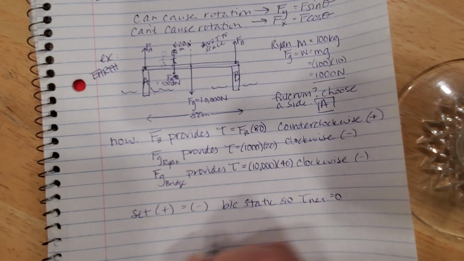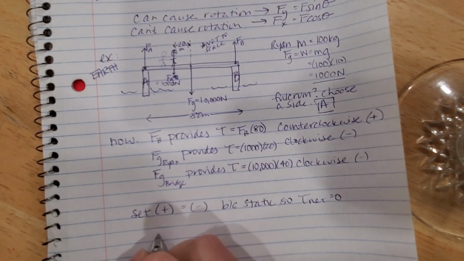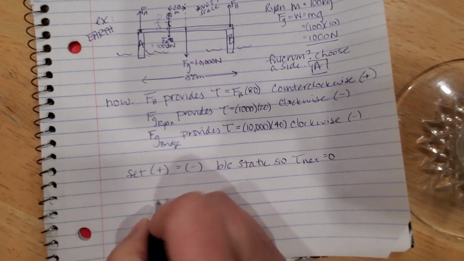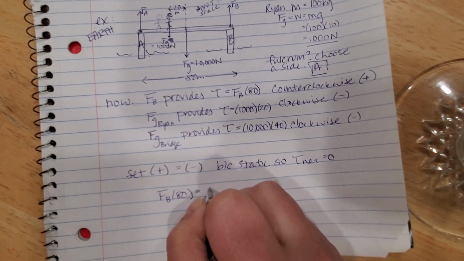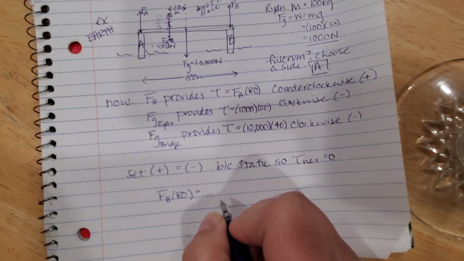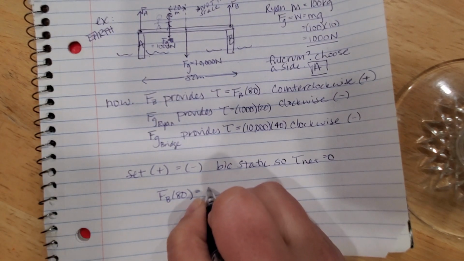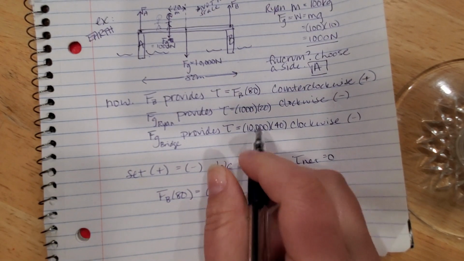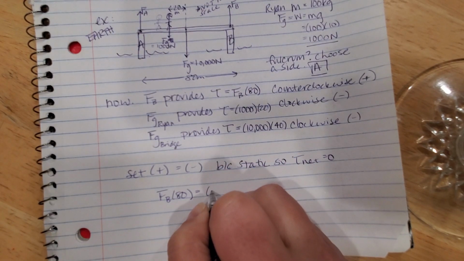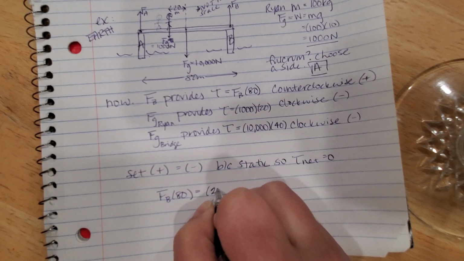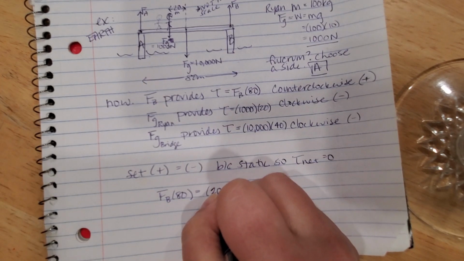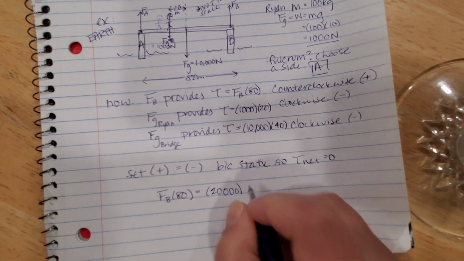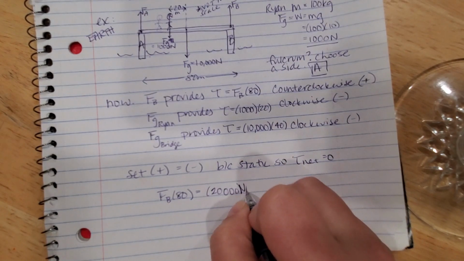And we would end up with, let's see, F_B times 80 equal to 20,000 Newton meters.